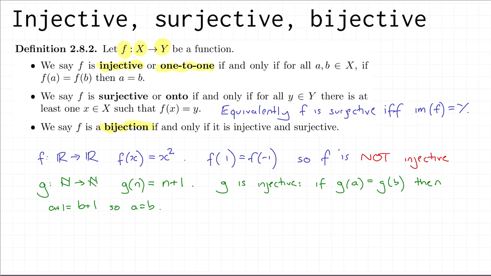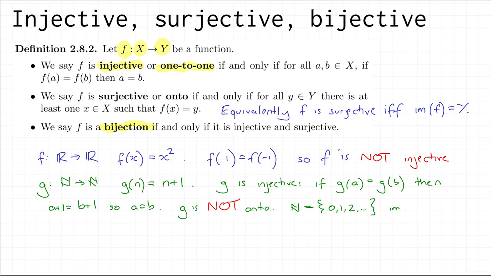On the other hand, g is not surjective. So not onto, not surjective. Can you think why it's not onto? Being onto means that the image of g is equal to the natural numbers, but the image of g is not the natural numbers. Remember, in Math 5, the natural numbers consist of 0 and 1 and 2 and so on.